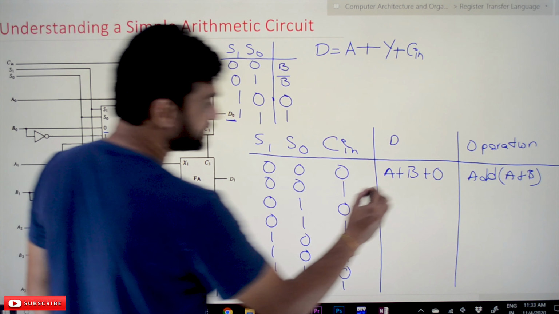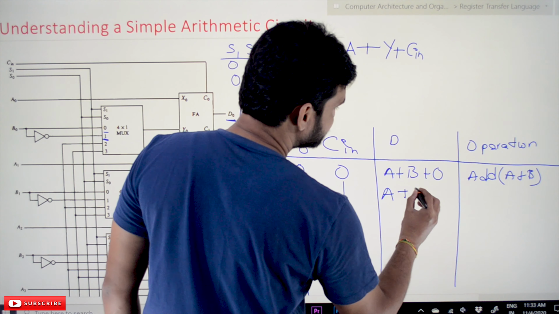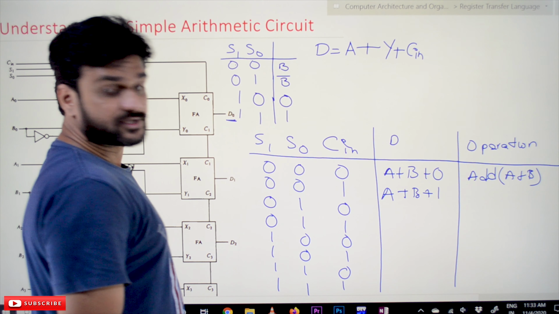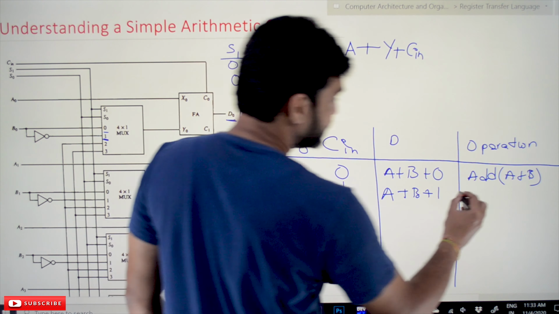So it is going to be A plus B plus 1, which is add with carry. The carry value is 1.